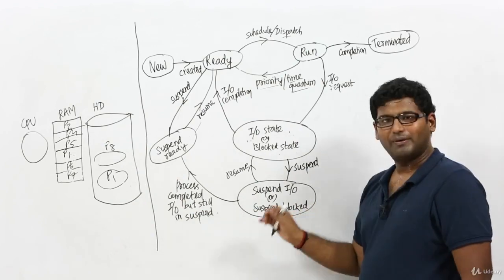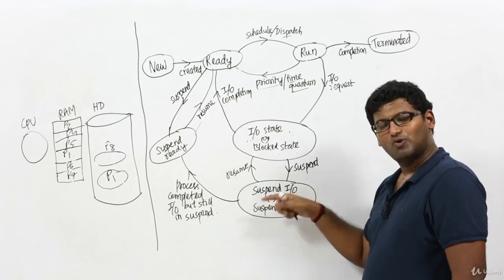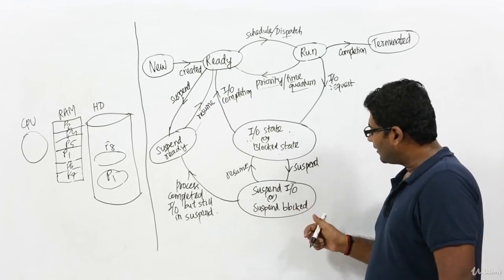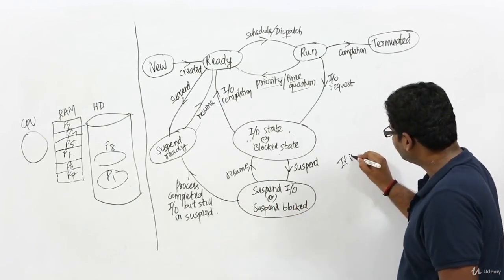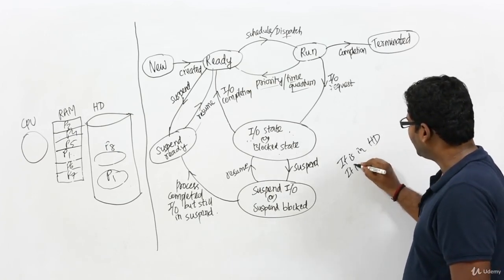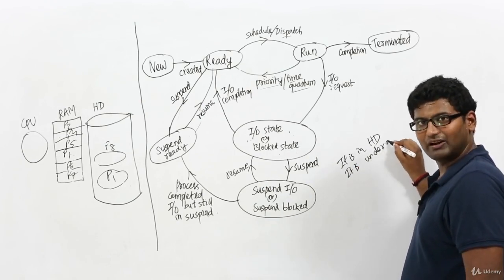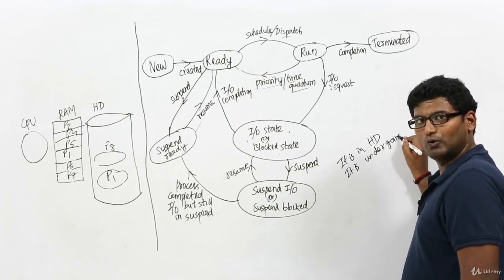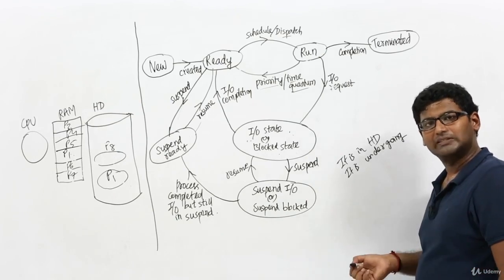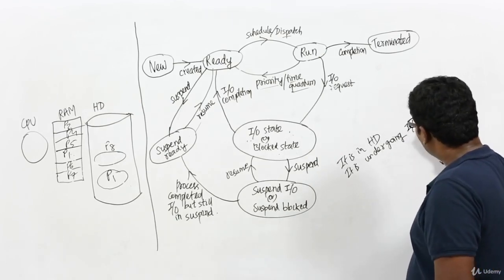It is performing IO, and it has been moved to the hard disk. It is still undergoing IO. IO can be done even inside the hard disk. A process need not be present inside the RAM to do IO. It can be inside the hard disk and still continue with its IO.